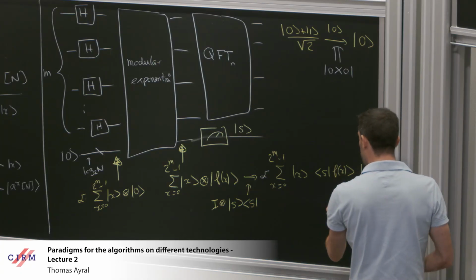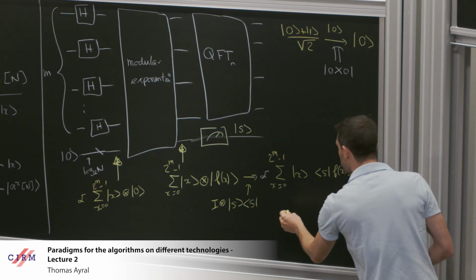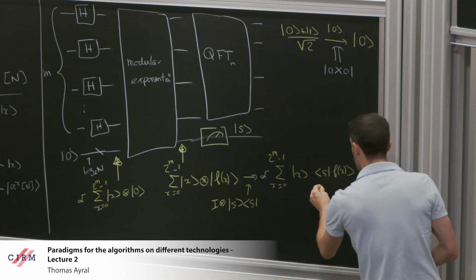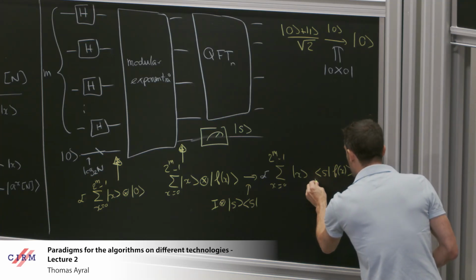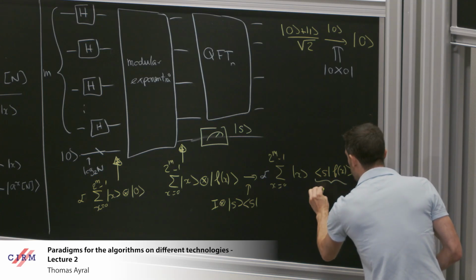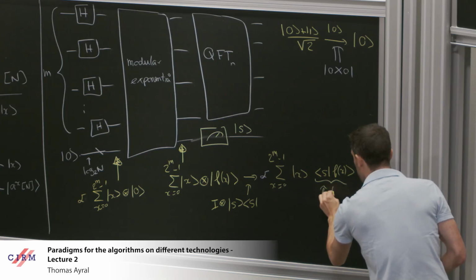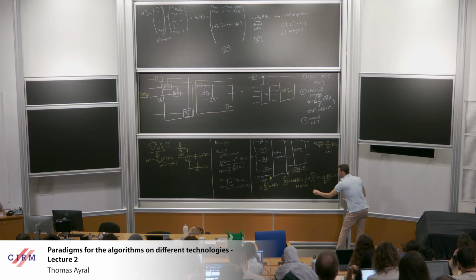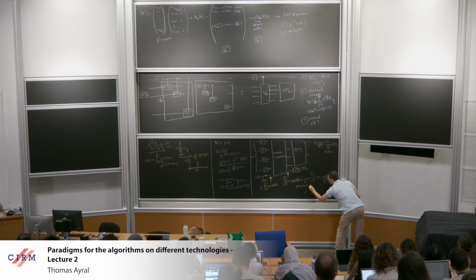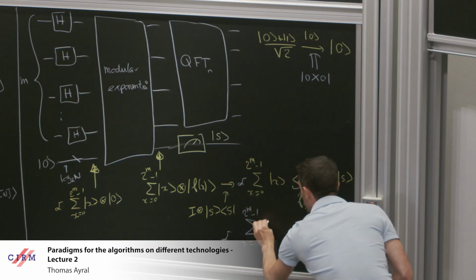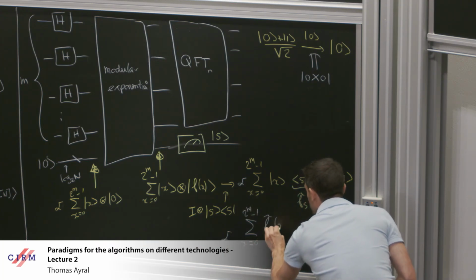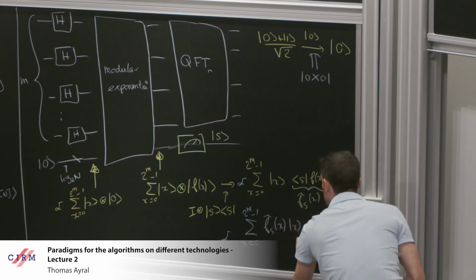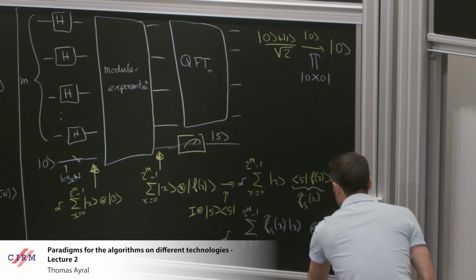So now, what we end up with, as you can see here, I'm going to call this f tilde s of x. I can always do that. So I'm going to say that what I obtain here is a state, the sum over x from 0 to 2^m minus 1 of f_s of x times x tensor s.